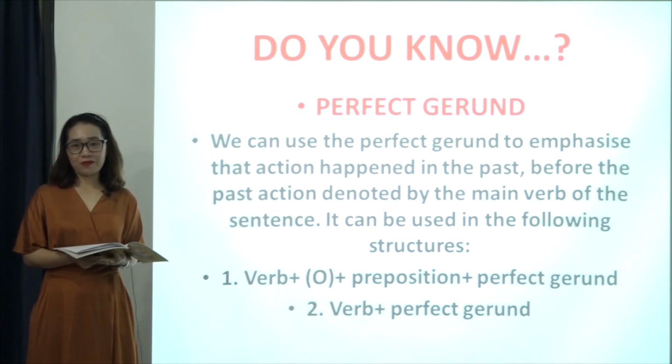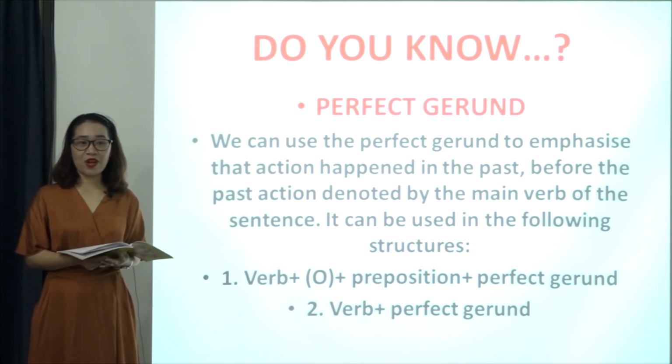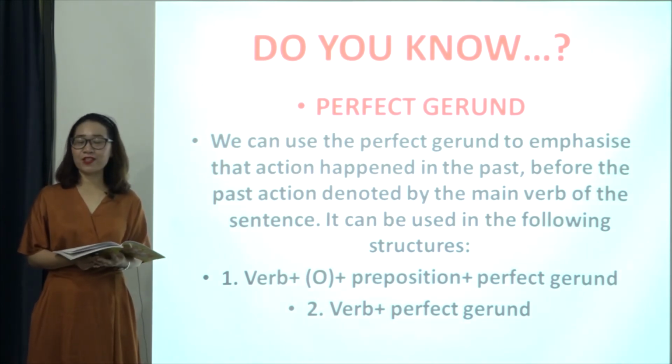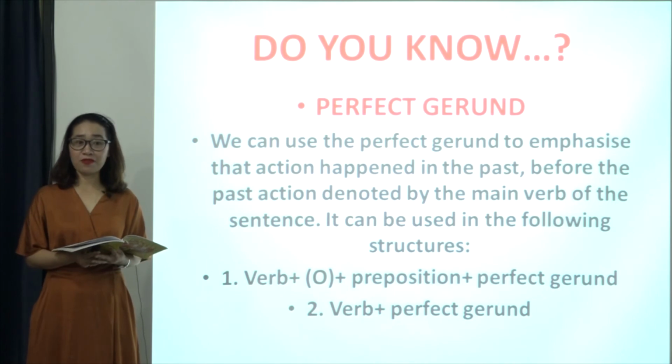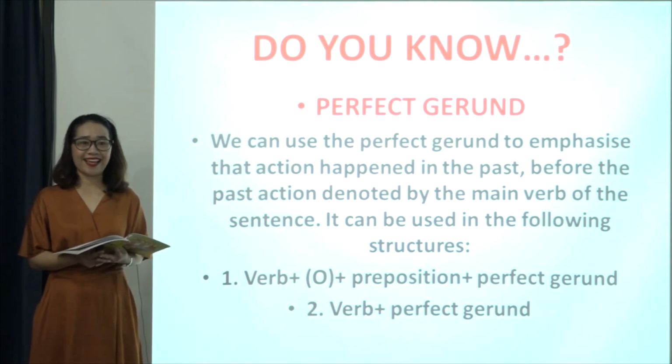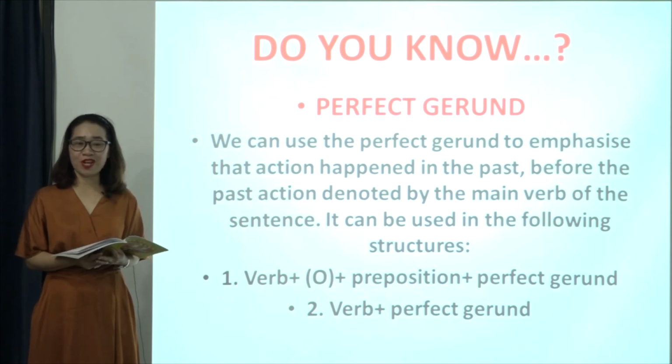Now we come to the next grammar point, perfect gerund. And do you know, we can use the perfect gerund to emphasize an action that happened in the past before the past action denoted by the main verb of the sentence, and it can be used in the following structures.